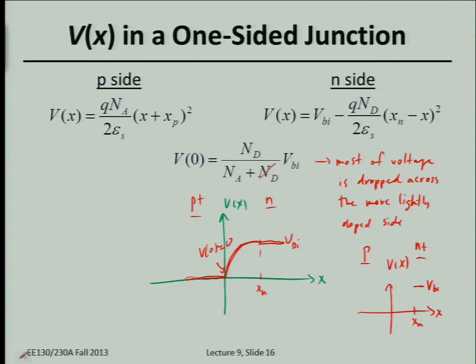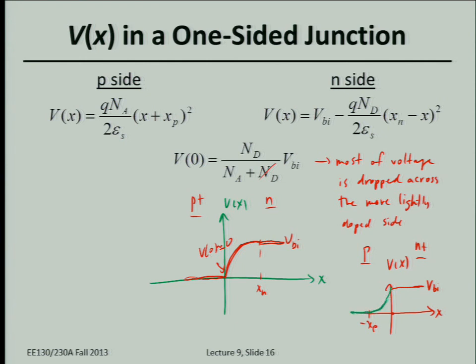XN is much smaller now than XP. XN is near 0, and XP is out here. So what is this going to look like? It is concave, but which way? It's going to look like this.